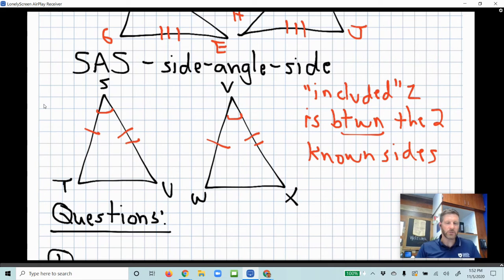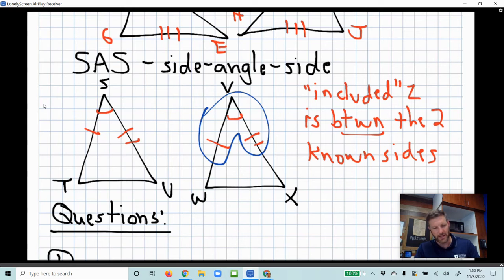So that's why we specifically say SAS, because that means we're talking about side, angle, side in that order. It should always be the angle between the 2 known sides. Otherwise, you're not really saying SAS, you're saying something like ASS or SSA, or some different form of that.